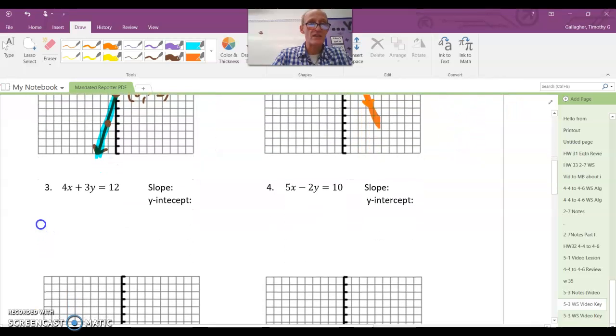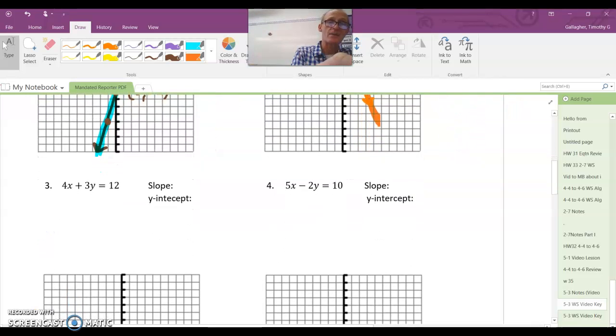Number 3, okay, this is 2 steps. Number 3 is 2 steps to solve for y. You have to subtract 4x and then divide all terms by 3.